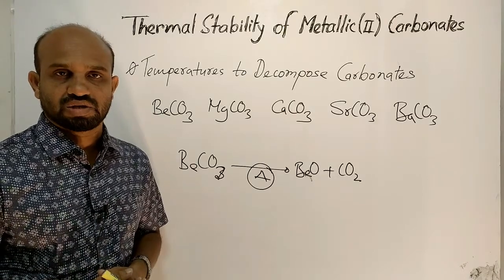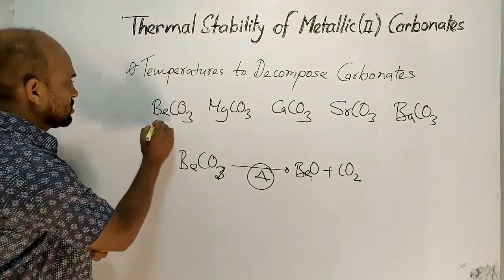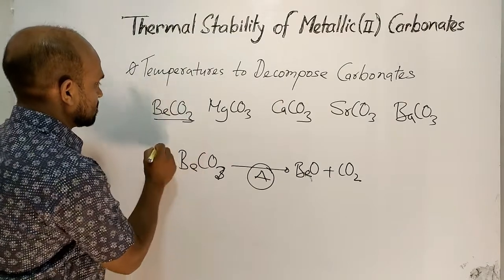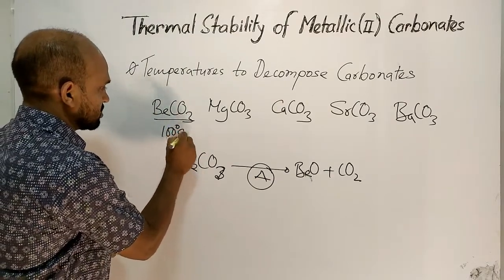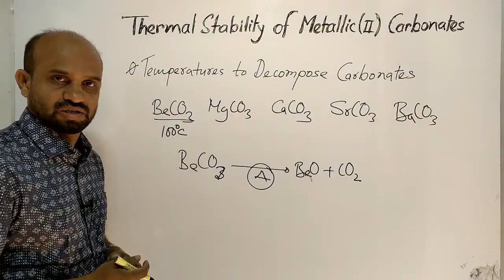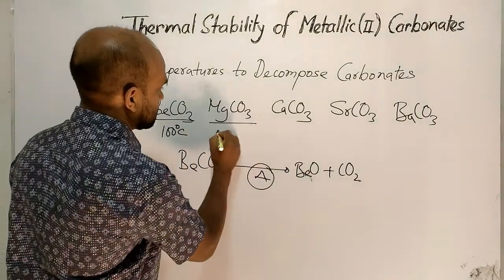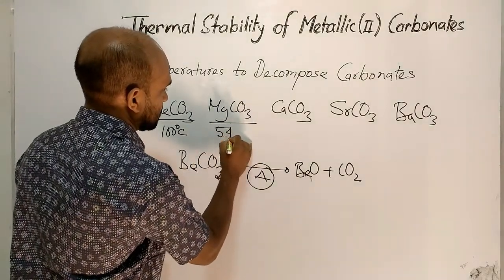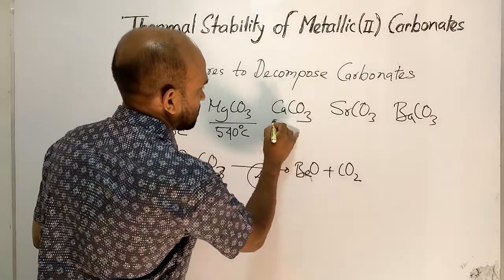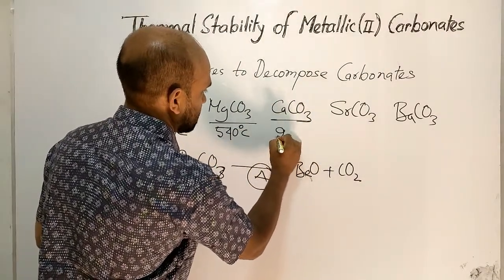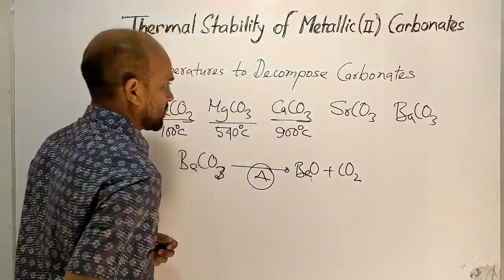What are those temperatures? Let's see. To decompose this carbonate, 100 degrees centigrade temperature is required. In this case it is 540 degrees centigrade. In this case this is 900 degrees centigrade.